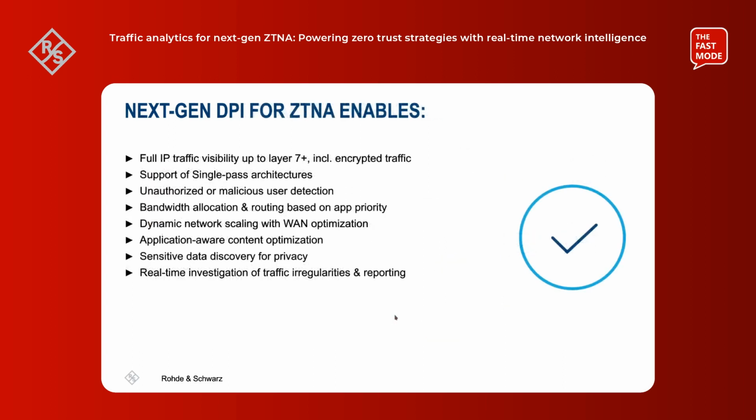So, what are the actual benefits of integrating next-gen DPI libraries into ZTNA use cases? First of all, you gain full IP traffic visibility up to layer 7 and beyond, including encrypted traffic intelligence.